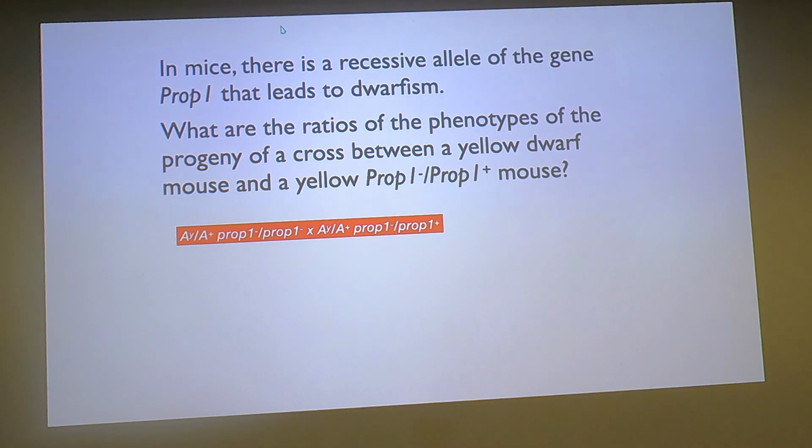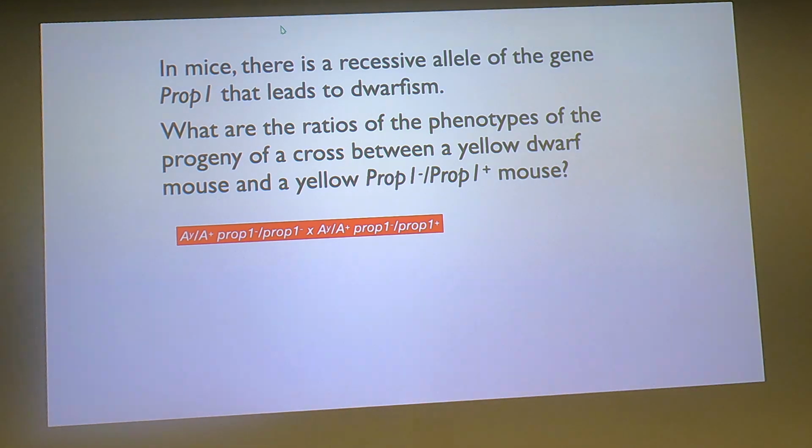Correct. We went through that problem earlier. It's a standard lethal allele. We get 2/3 heterozygotes and 1/3 homozygous for the wild type allele. Then we take this one: prop 1 minus by prop 1 minus, prop 1 plus.